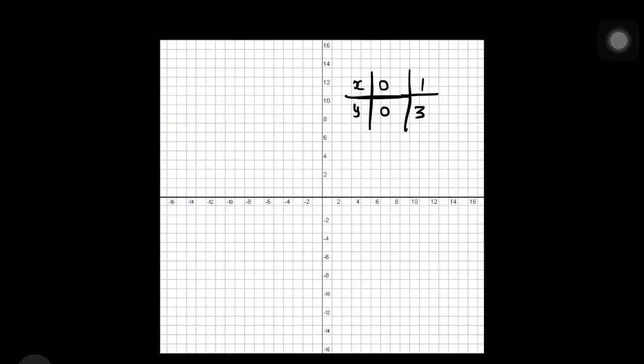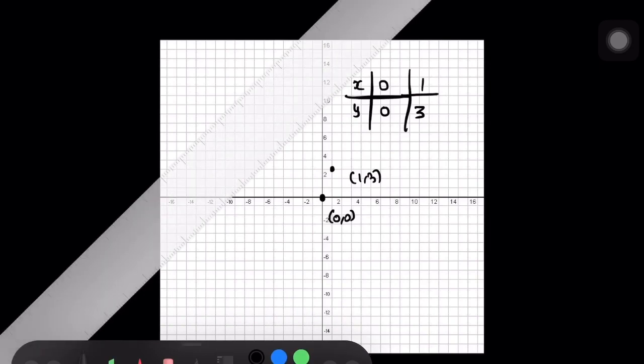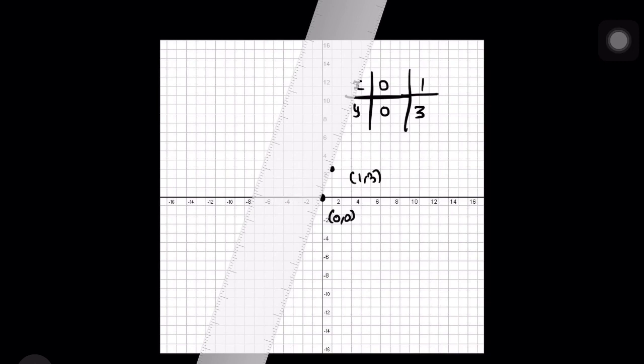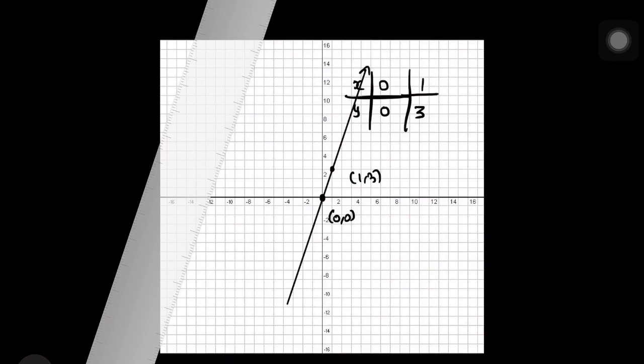The first point, 0 comma 0, this position. The next, 1 comma 3, the value of x is equal to 1 and y is equal to 3, this position. So this line is representing y is equal to 3x.